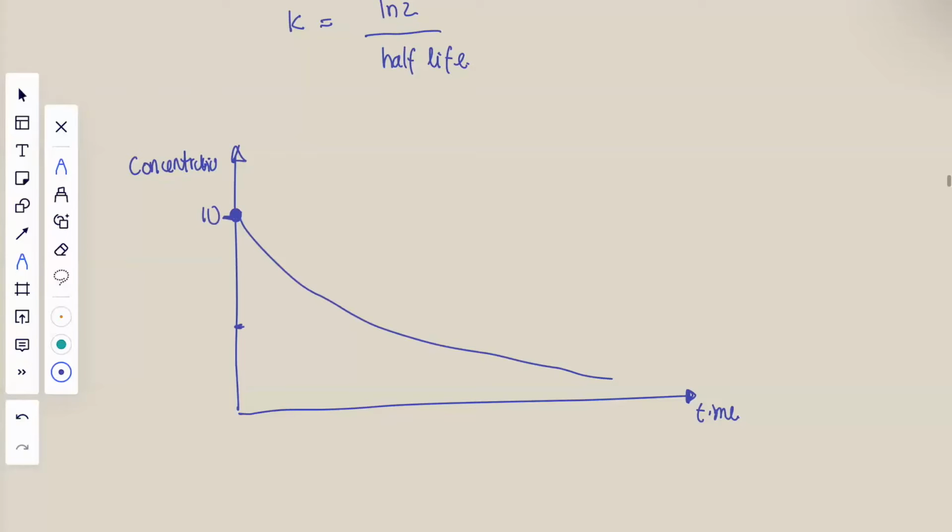Then how do you get the half-life? You draw 5, then draw dotted lines here. T half. Then the half-life is this much. For example, this is 50 seconds.